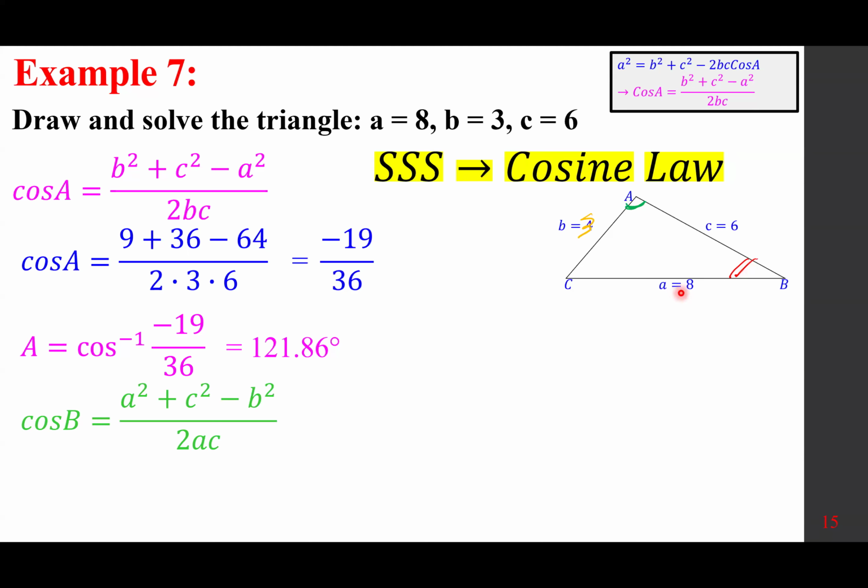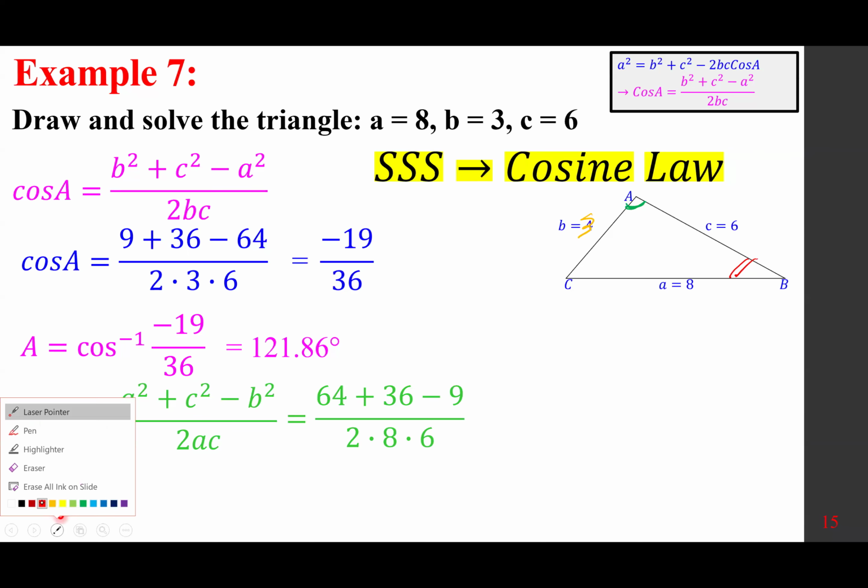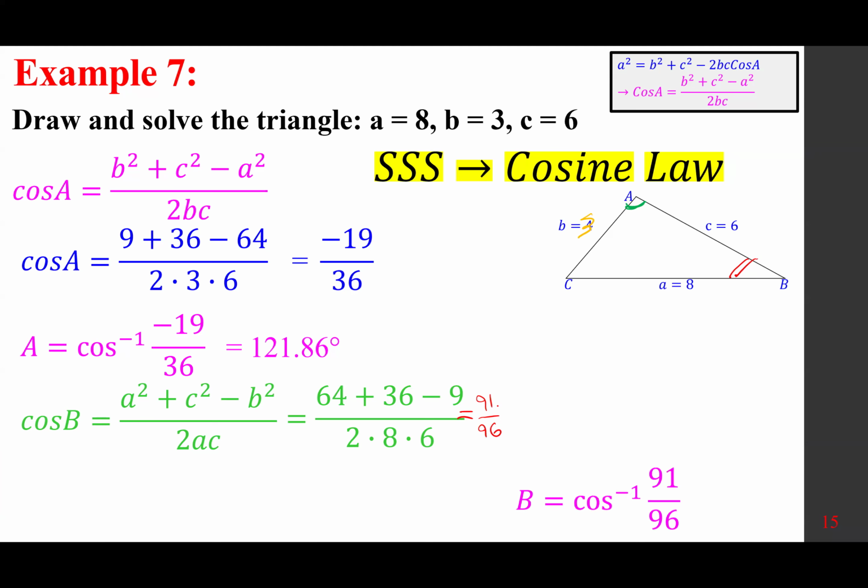So A squared is 64, C squared is 36, minus B squared is 9 over 2 times 8 times 6. You work it out. Over the 8 times 2, 96. 91 over 96, so B is the cosine inverse of that, resulting in 18.57 degrees when you put it into a calculator.